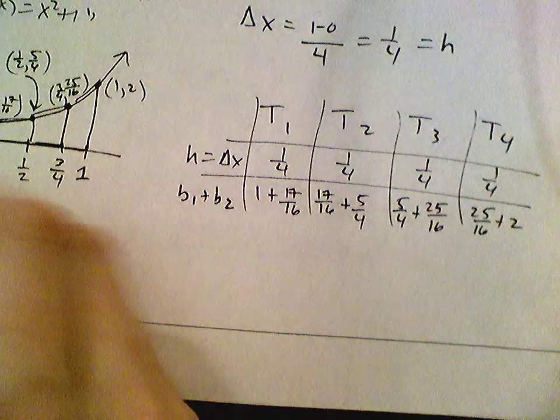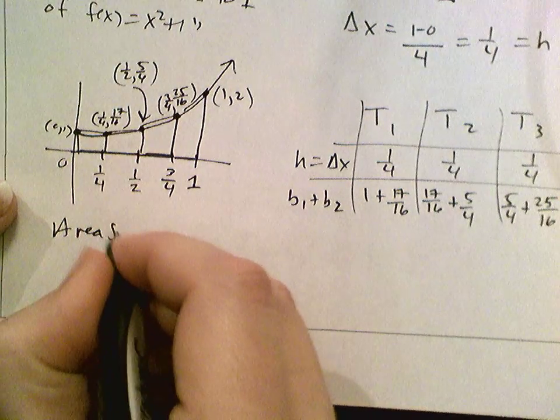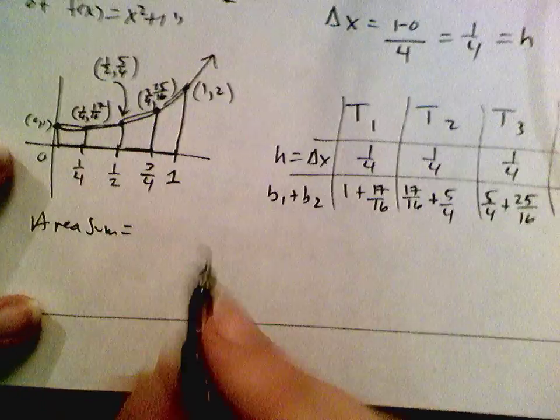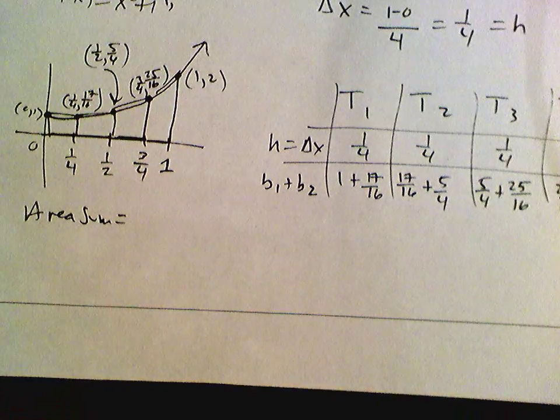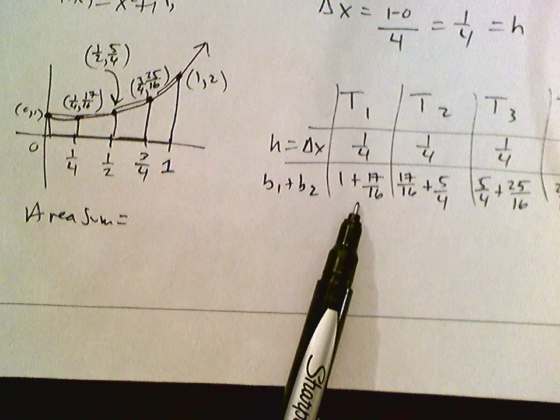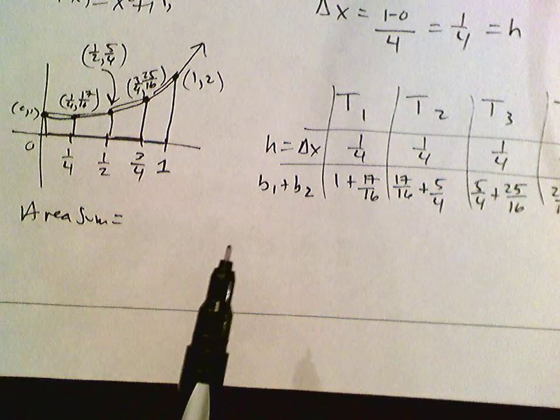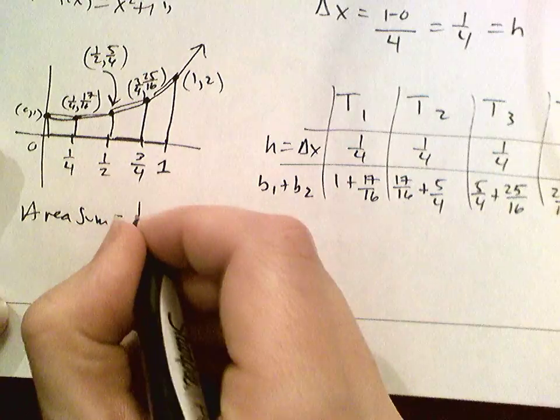All right, so now let's do the area sum. So I'm multiplying, so for each trapezoid we got to do 1/2 times 1/4 times base 1 plus base 2. So since each term will have a 1/2 times 1/4, I'm just factoring them out.